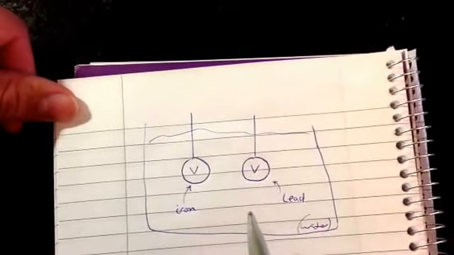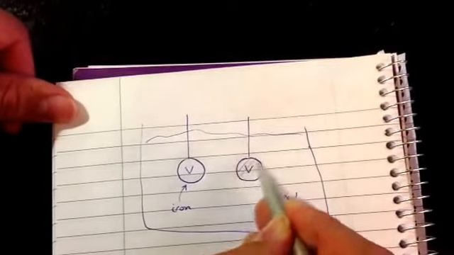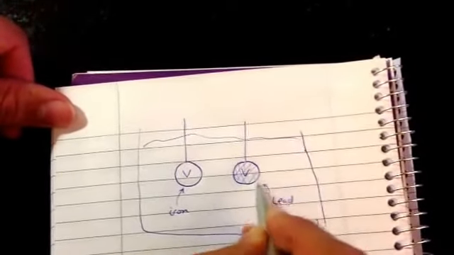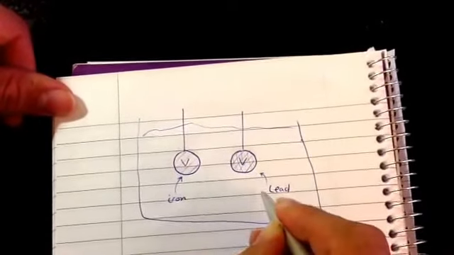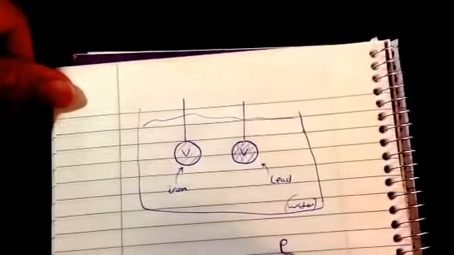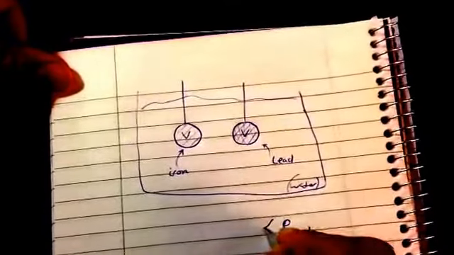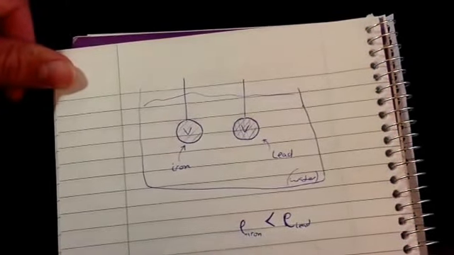And the density of lead, this one here, is greater than that of iron. So let's say the symbol for density of lead is greater than the density of iron.